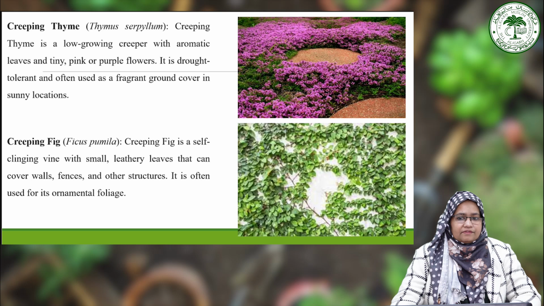Then creeping fig, botanically known as Ficus pumila, is a self-adhesive vine featuring petite leathery leaves that densely cloak walls, fences and various structures. It is prized for its decorative foliage and its ability to provide greenery to vertical spaces.